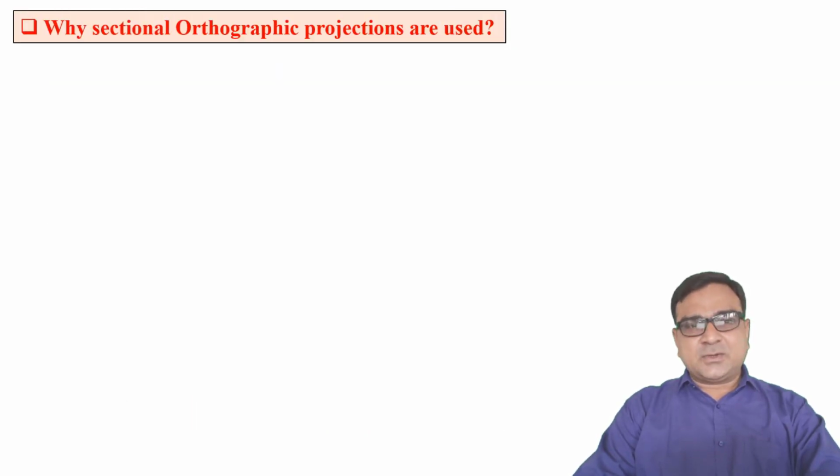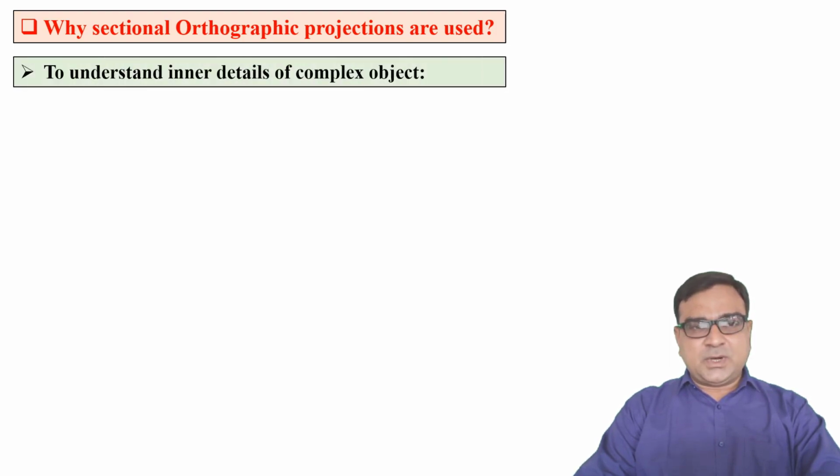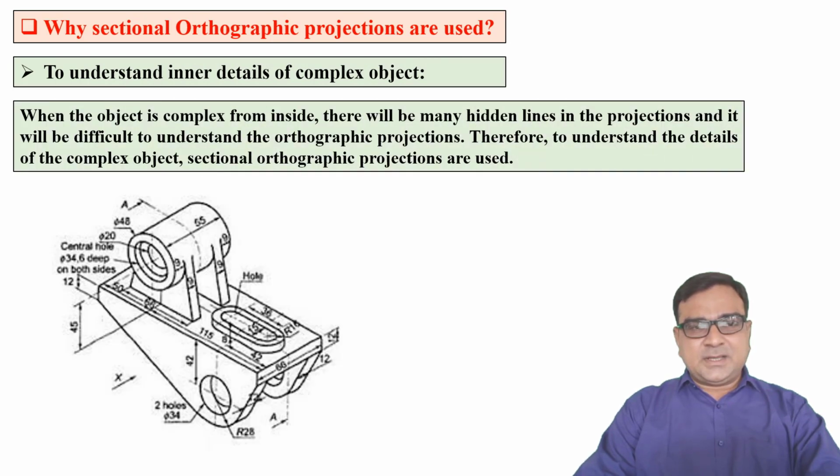Now, why are Sectional Orthographic Projections used? To understand the inner details of a complex object. Sometimes an object is very complicated on the inner side. In orthographic projections, we see a number of lines, projection lines, hidden lines, outer lines, but we cannot understand the inner part of the object.